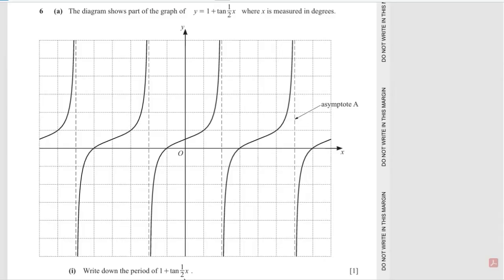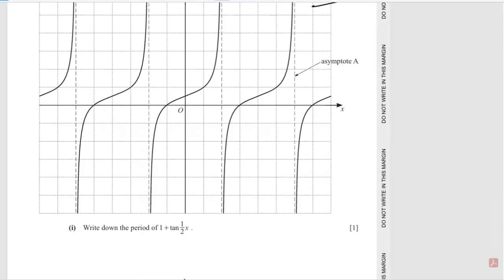Put half x equals 180 degrees, since 180 is the actual period of the tan graph. If this kind of question pops up on a sine or a cosine, you'll put it equal to 360. So just take notes on this one. So x will be 360 degrees. That is my period.